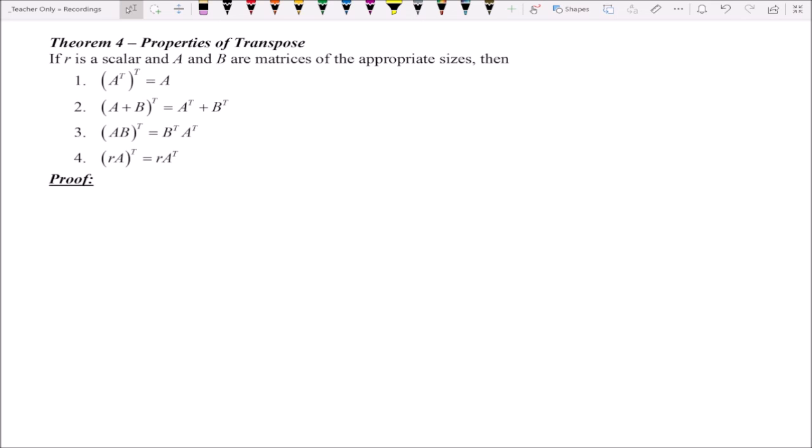All right, that makes sense because the transpose of a scalar is just the scalar itself. We are only going to prove in this video the third property. The remaining three, again, will be left as an exercise, and you should challenge yourselves and try to prove them on your own.